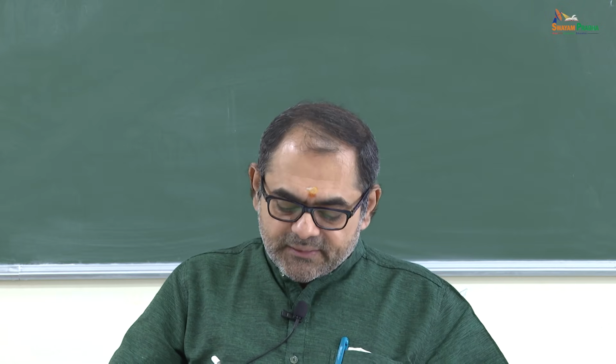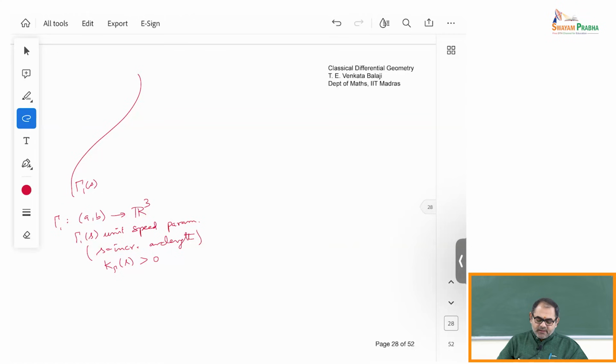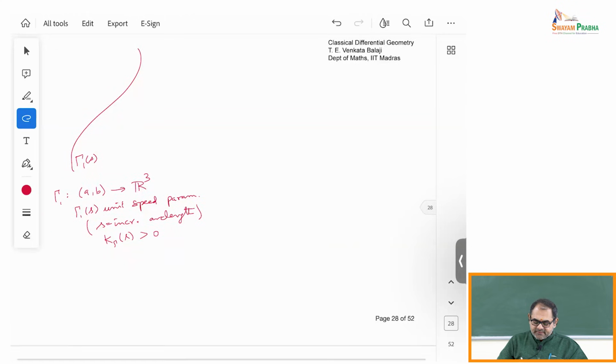Torsion is defined only when the curvature never vanishes. So this is associated to curvature function k of gamma 1 of s and tau of gamma 1 of s is the corresponding torsion function. So you have this pair.